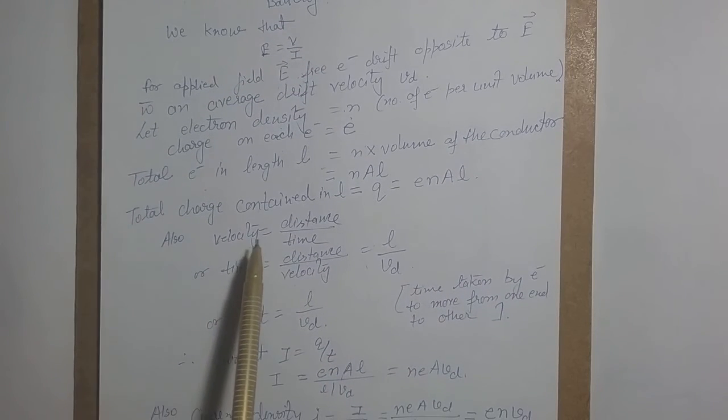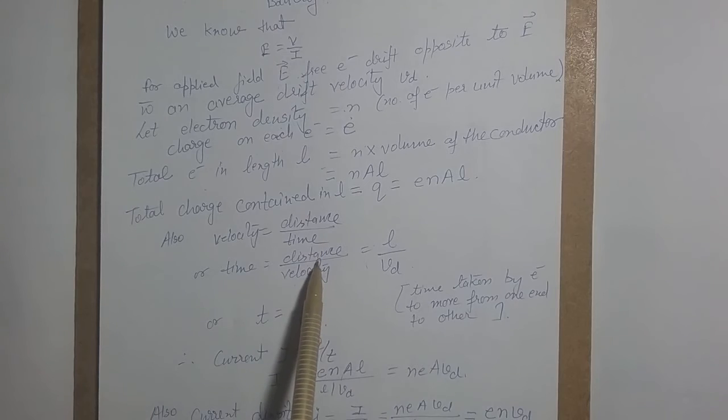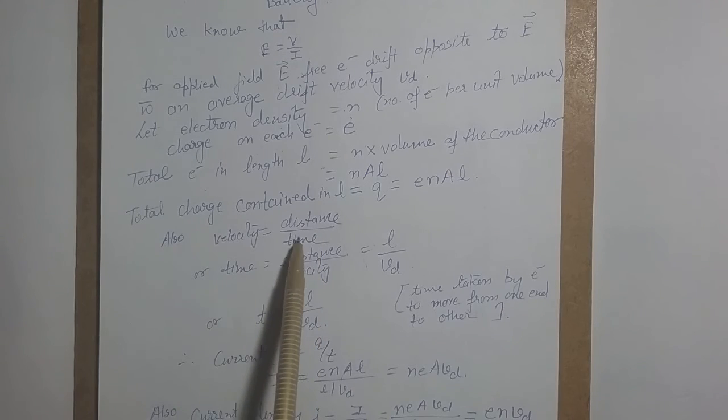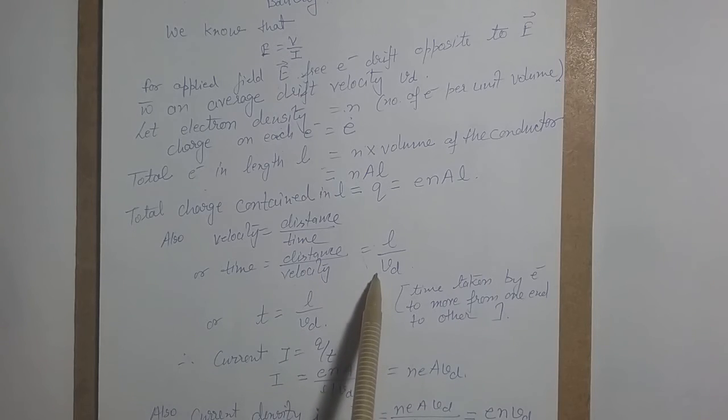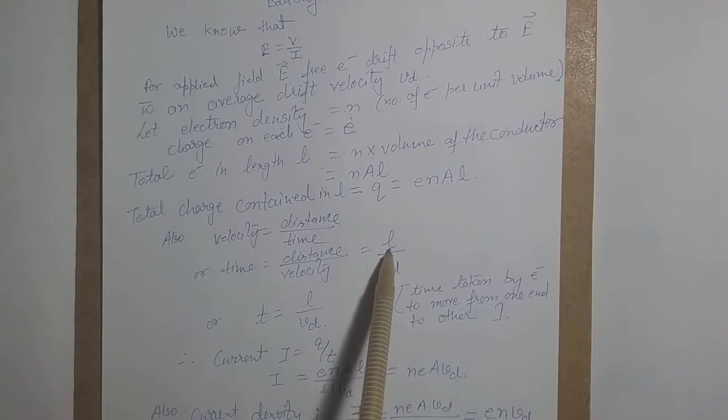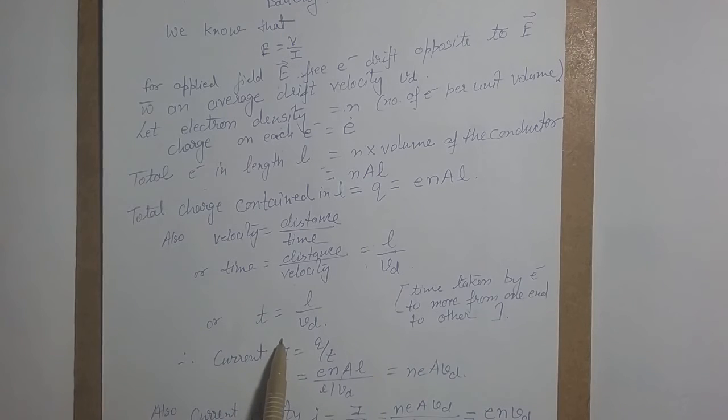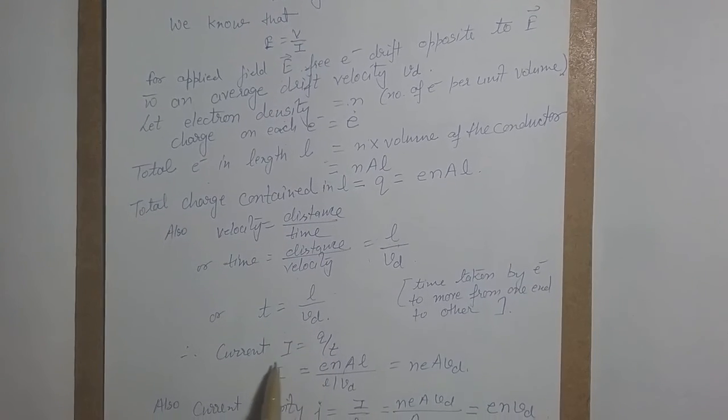Also we know that velocity is distance upon time. From here we conclude that time is distance upon velocity, and let us substitute. The distance through which the charged particles are moving is the length L of the conductor, and Vd is the drift velocity. From here the time comes out to be L upon Vd.